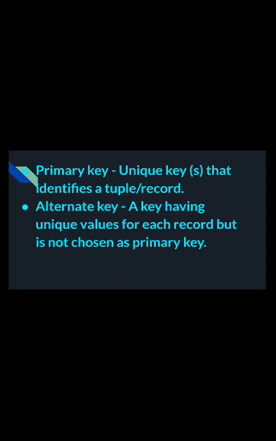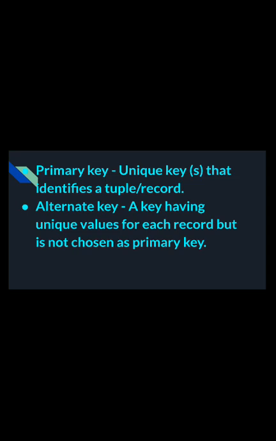Then comes primary key. So what is a primary key? It is a unique key, or maybe there are more keys, one or more keys which are unique, which make the record, or tuple, unique. It helps in identifying that record. For example, roll number.